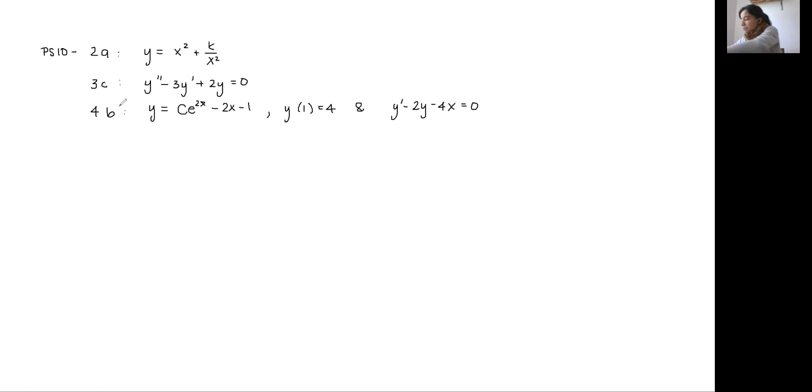Okay, so we talked about differential equations. But really the focus of our class was to find a way in which we could model processes through differential equations.